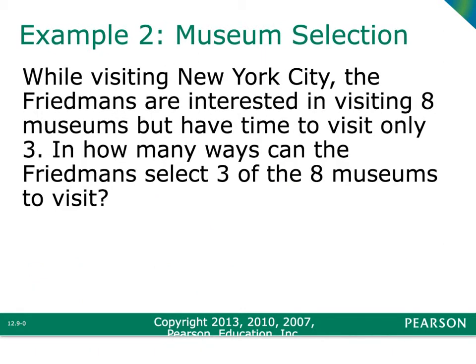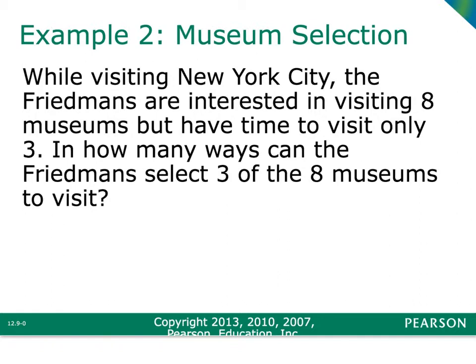Let's look at an example. While visiting New York City, the Friedmans are interested in visiting 8 museums, but have time to visit only 3. In how many ways can the Friedmans select 3 of the 8 museums to visit? In this situation, the order does not matter, which one they see first, second, or third. All that matters is that they see 3 of the 8.